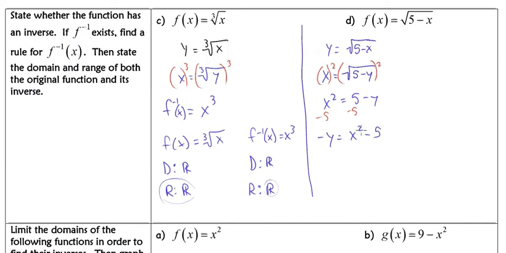And lastly, we'll multiply everything by -1, or divide everything by -1, and get y is equal to negative x squared plus 5. Sorry, just 1 second.